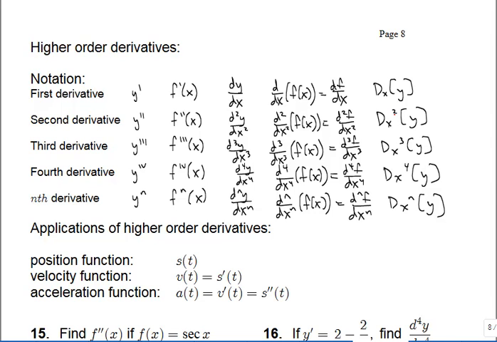Now if you look at this d squared y over dx squared, you may be wondering why the squares are kind of in a different position. So let me just show you where that comes about. You know that the first derivative of y with respect to x would look like that, dy over dx. So if I wanted the second derivative, then I would be taking the derivative of that with respect to x.